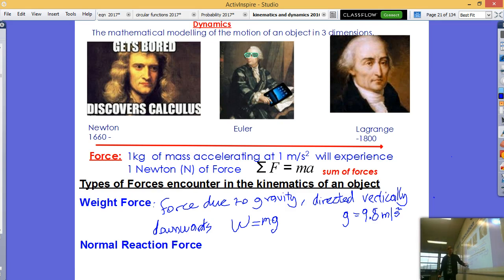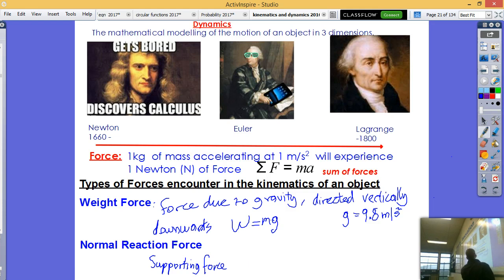Now, a normal reaction force is a supporting force. Every object that's in contact with a surface, that surface supports the object or pushes back on the object perpendicular to its plane.